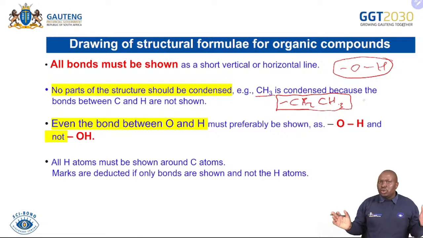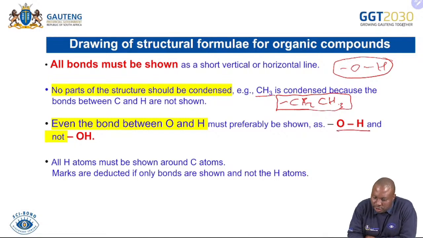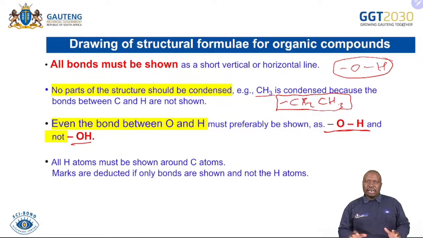So immediately when you don't show all the bonds, the structure becomes condensed. You understand that. So even the bond between oxygen and hydrogen must preferably be shown. Don't show it as OH. Show it as O, with the bond between the oxygen and the hydrogen. So we are emphasizing that for structural formula, all the bonds must be shown.